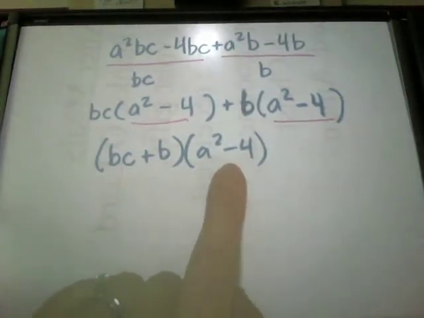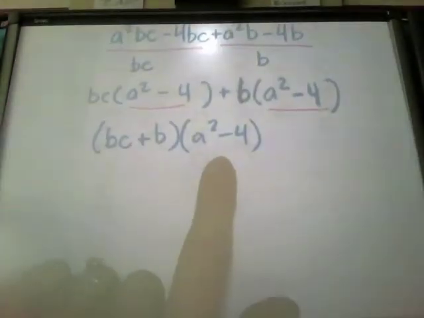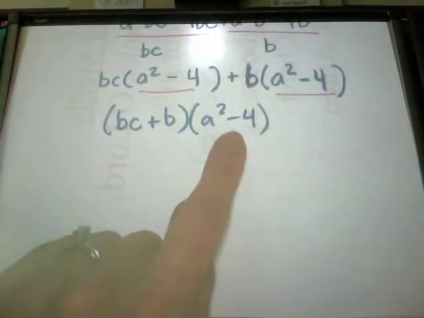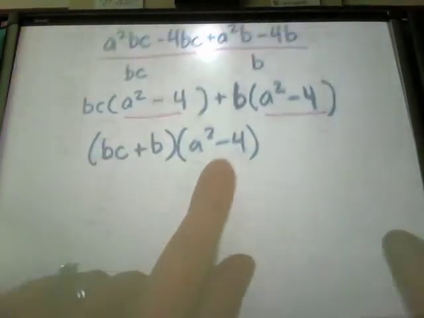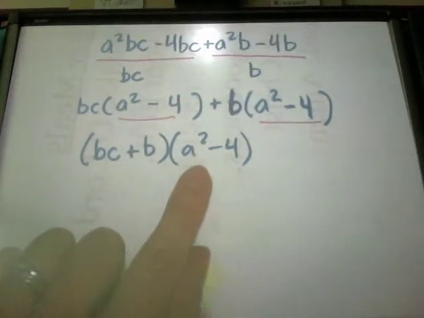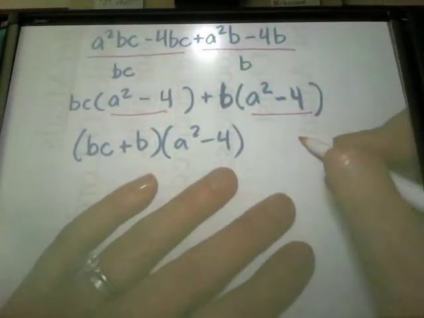Here's the trick on this one. Here is step, what did I say? Step 6. Making sure each factor can't be factored any further. This one can. Now again, this has been a little while. This is the difference of squares from lesson 5.5. Let me remind you what that looks like. I'm going to write this off to the side.